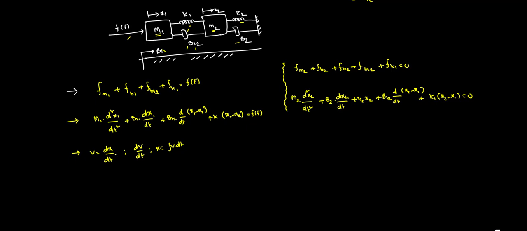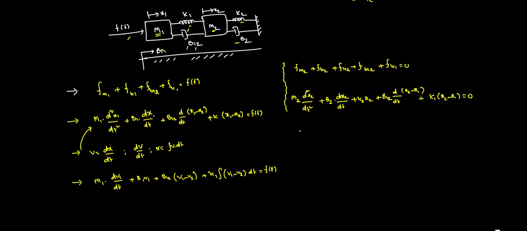So applying these concepts, in m1 you will get m1 dv1 by dt, velocity I am writing, plus b1 v1 plus b12 into v1 minus v2 plus k1 integral v1 minus v2 into dt is equal to f of t.